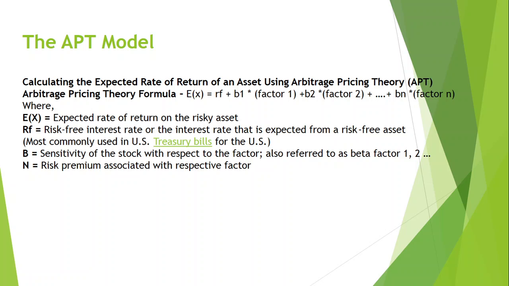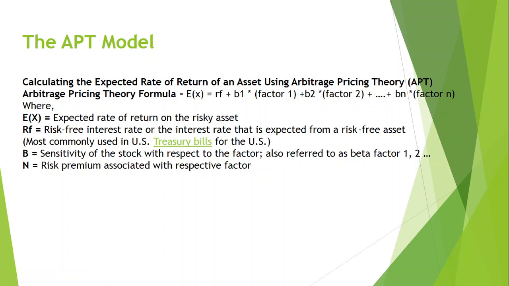B is the sensitivity of the stock with respect to the factor, also referred to as beta for factor 1, 2, 3, and so on. N is the risk premium associated with the respective factor.